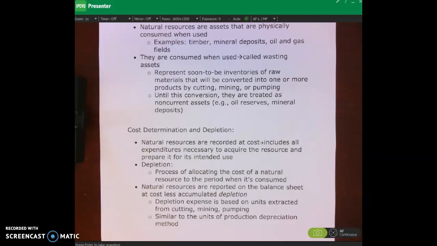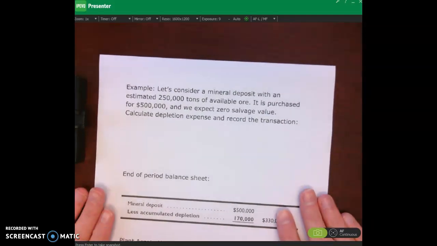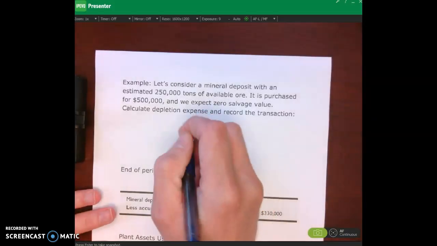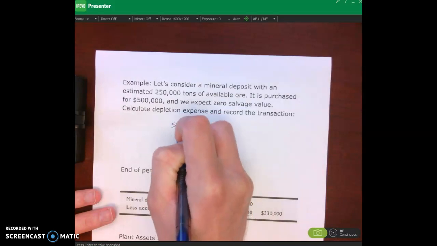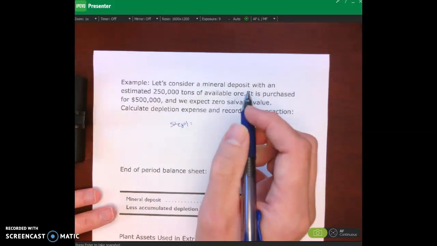So if we look at this example on the next page, 241, let's think about a mineral deposit that has an estimated 250,000 tons of available ore. It's purchased for $500,000. So let's go ahead and calculate depletion expense. Step one is just like our units of production depreciation method.